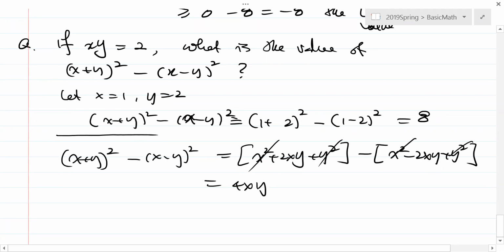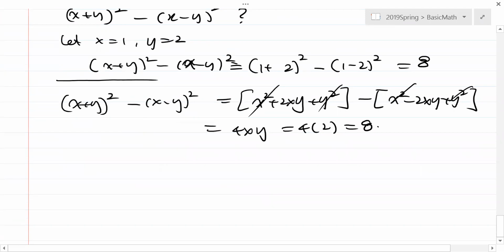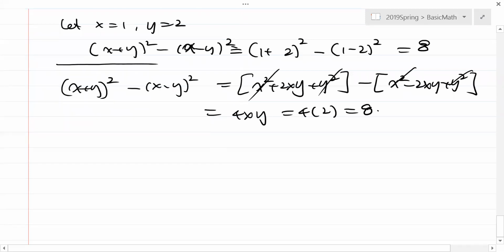But x times y is already given, which is 2, so 4xy is 8. Cancellation is interesting; sometimes you don't need all the information.